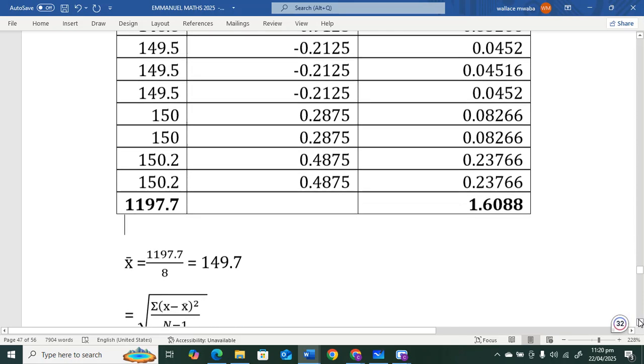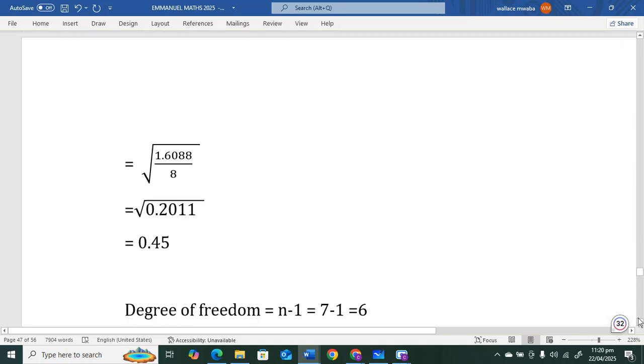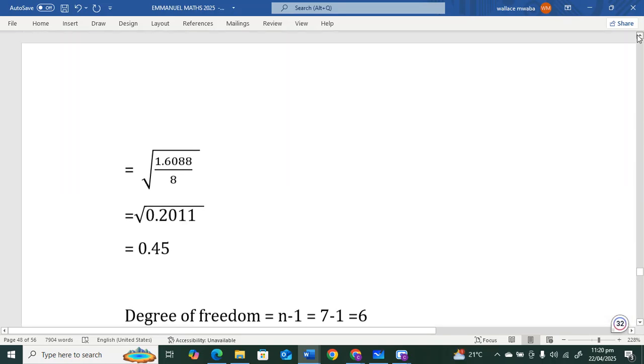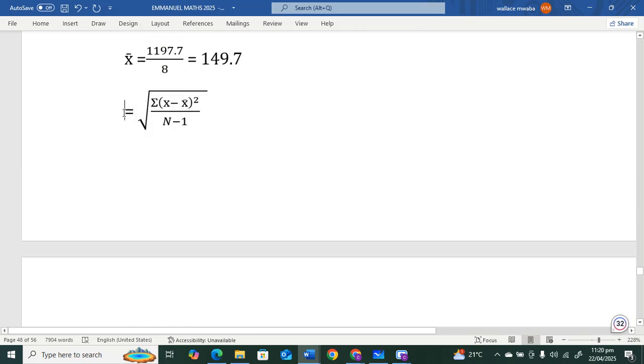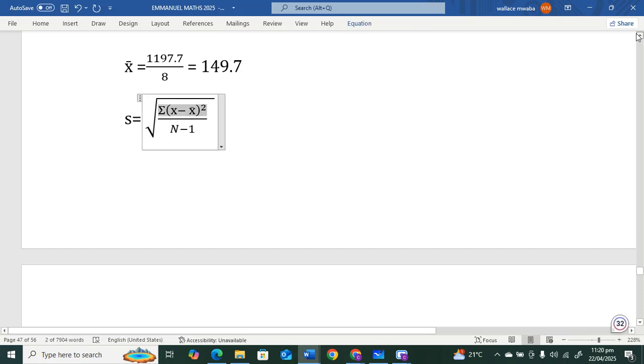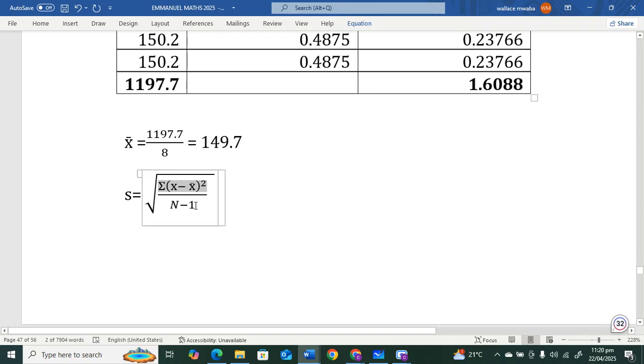After you total up, now you can use this formula here, standard deviation. S equals the square root of summation of (x minus x bar) squared, which we've already got, divided by n minus 1.